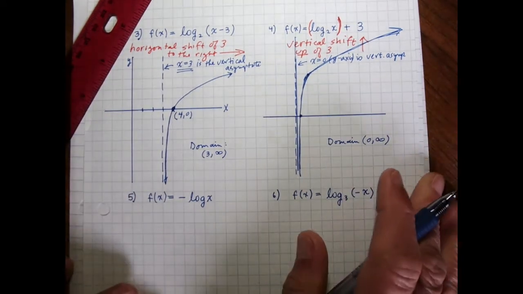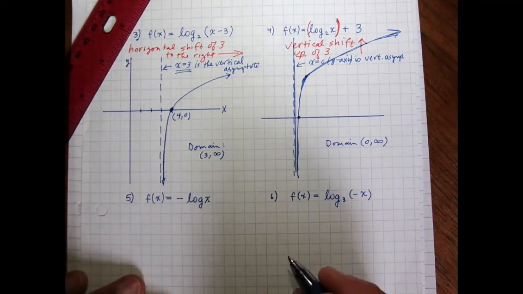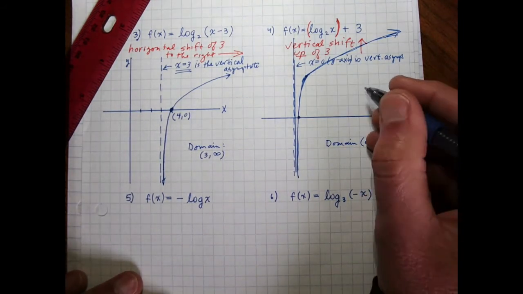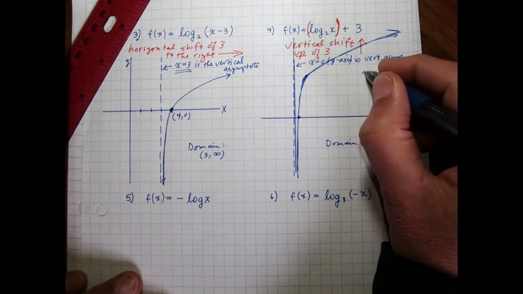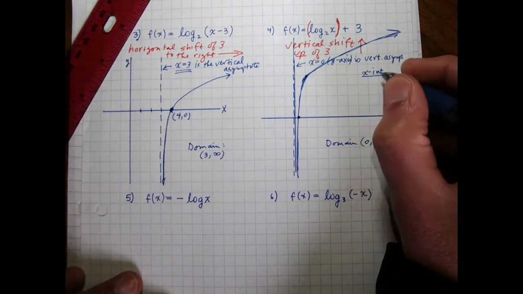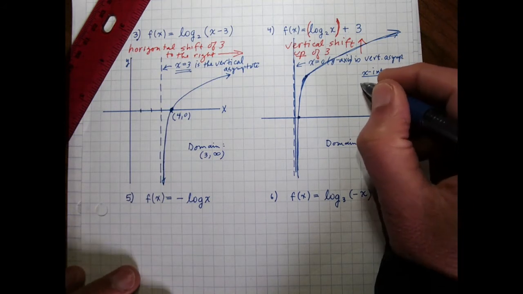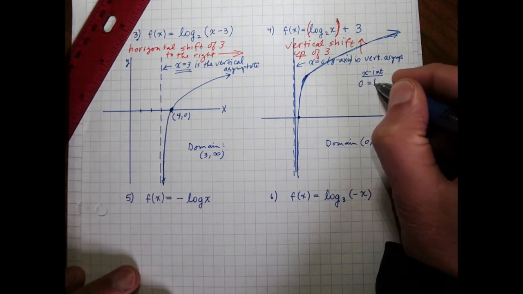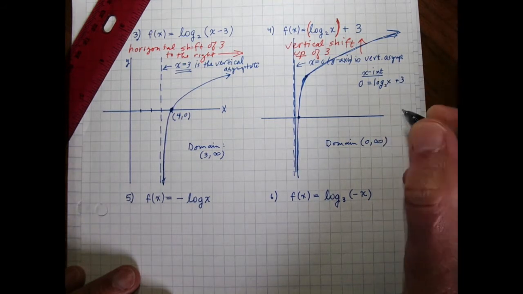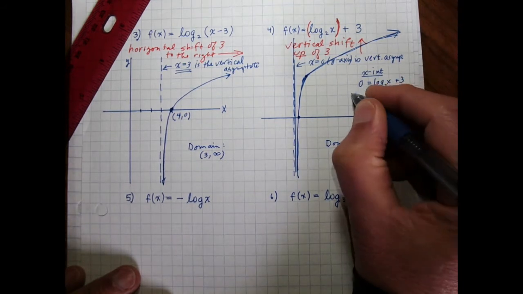What about that x-intercept value? Is there a way we could find that? I haven't given myself much room to write here, but if you wanted to find the x-intercept, we've got to set the function equal to 0. 0 equals log base 2 of x plus 3. You would want to isolate the log.